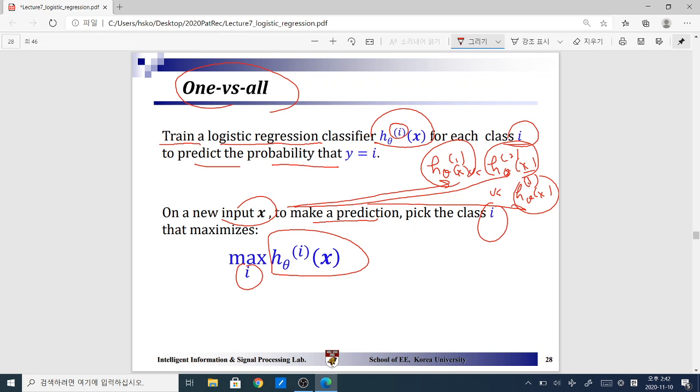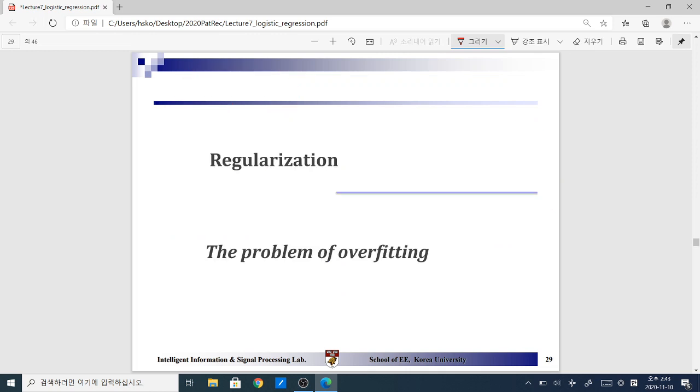So we pick the class i which maximizes the hypothesis function over all 3 hypothesis functions. Okay, so that sort of concludes what we want to say in terms of the logistic regression case.